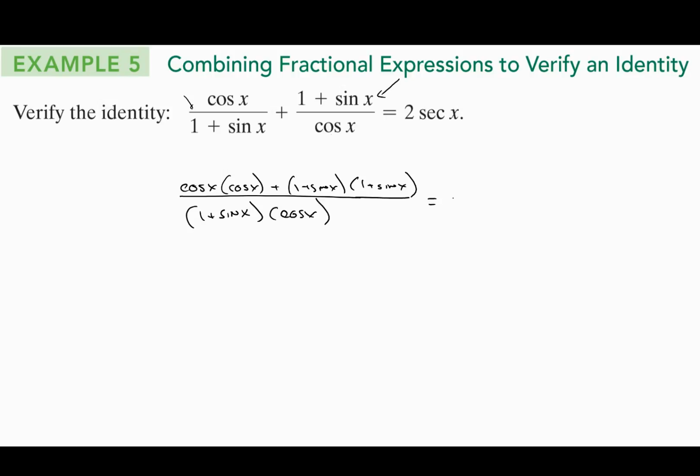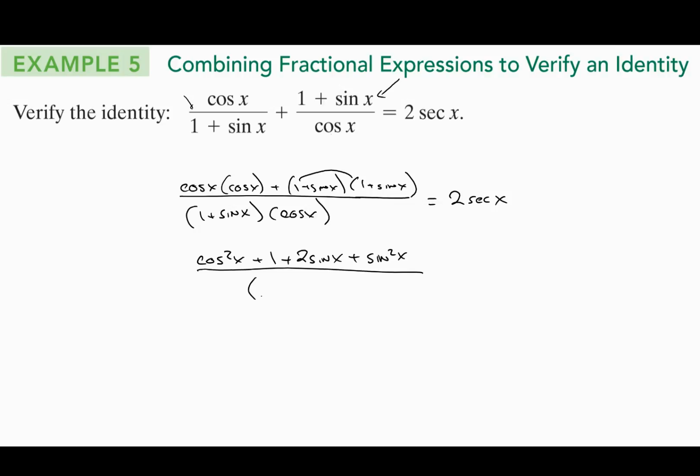And this is equal to 2 secant of x. Okay, so let's simplify this numerator a bit. So that's cosine squared. I'm going to have to FOIL these two together. So that turns into 1 plus a sine and another sine. So that's 2 sine x plus the last term is sine squared x.